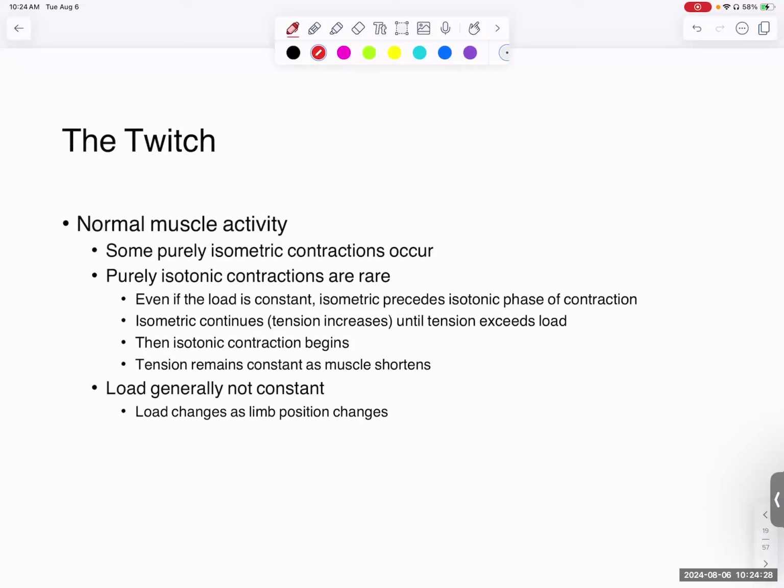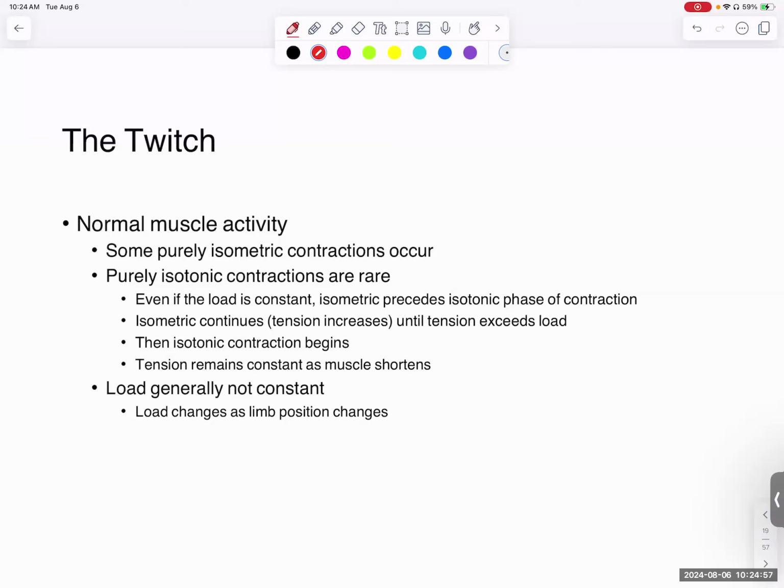So the twitch, you can read through this. Loads can change. We have something called torque, and we could get into biomechanics, but we're not. We can have the same load, but we can vary the speed at which our muscle's moving because the load can move closer to the fulcrum, and that can increase the speed.